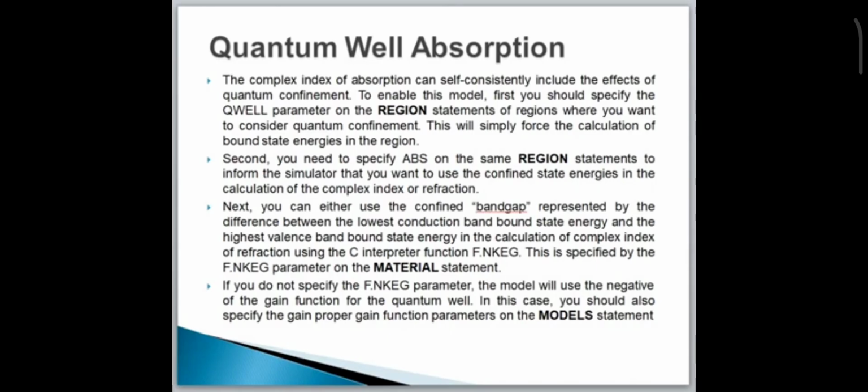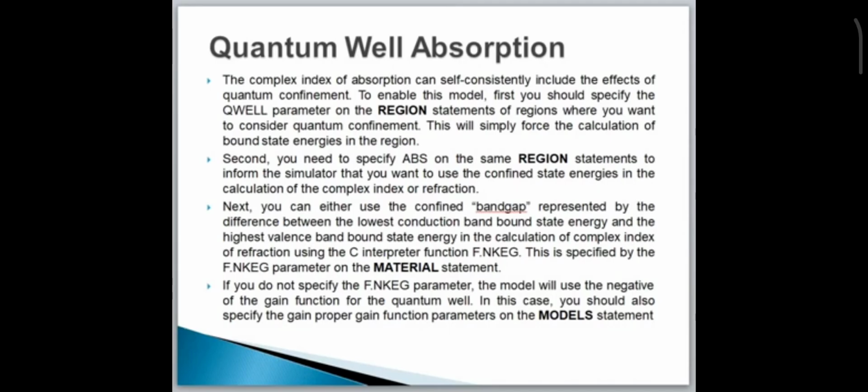This will force the calculation of bound state energy in the region. Second, you need to specify ABS on the same region statement to inform the simulator that you want to use the confined state energies in the calculation of the complex index of refraction.